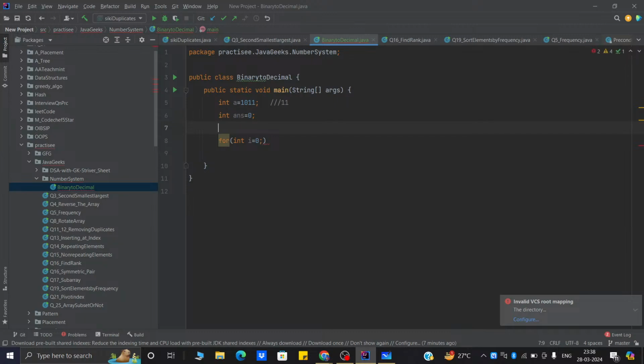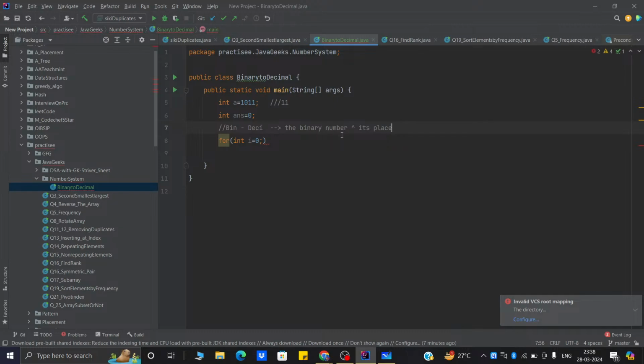Now the formula from binary to decimal is the binary digit times 2 to the power of its place value, n minus 1.